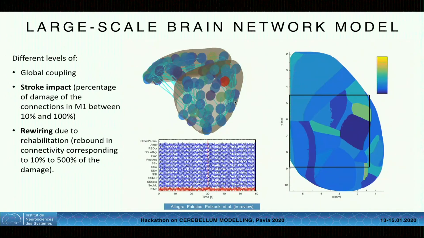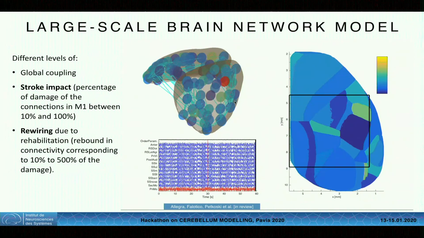And we are modulating different levels of the stroke impact, saying what would happen if only 10% of all the links to the primary motor cortex are affected, or 20, or 30, or what if this region is completely disconnected from the rest of the brain.